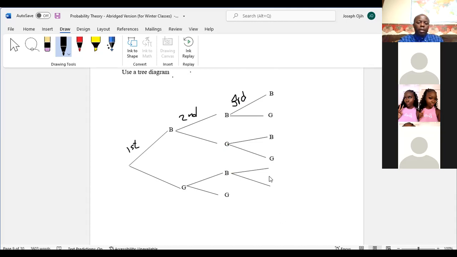Now for here we have boy. I'm going to move it right here.